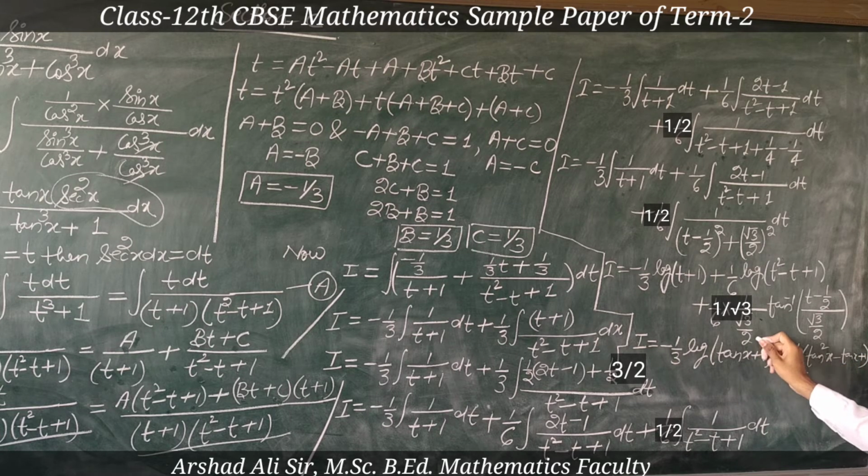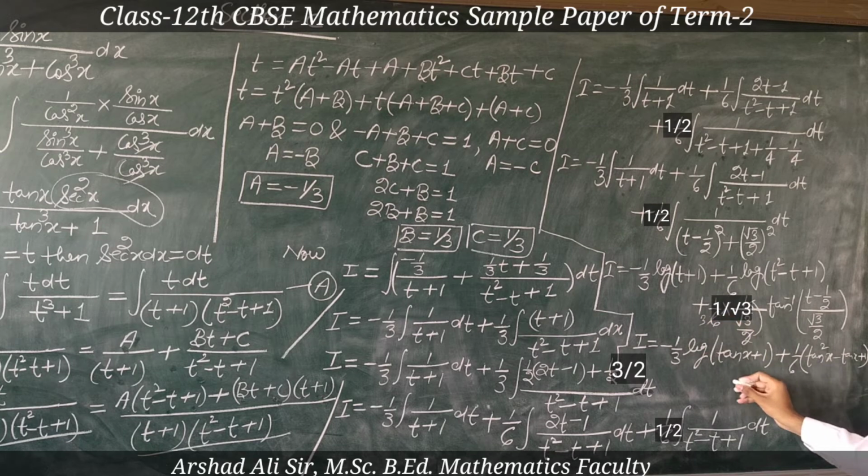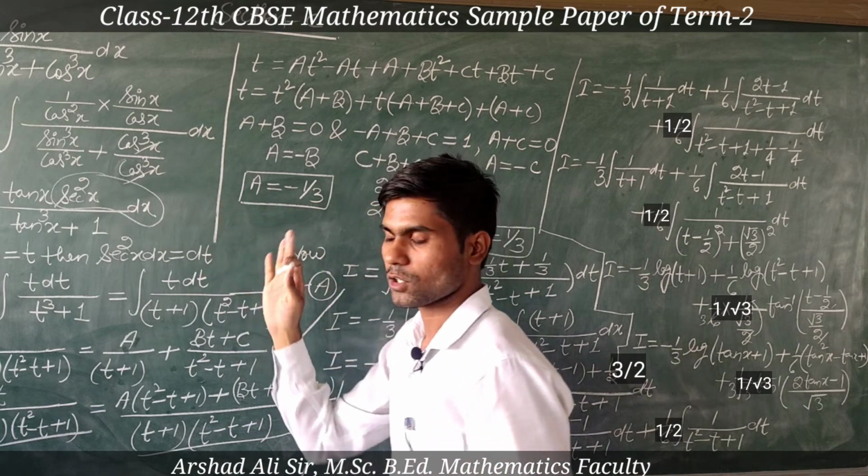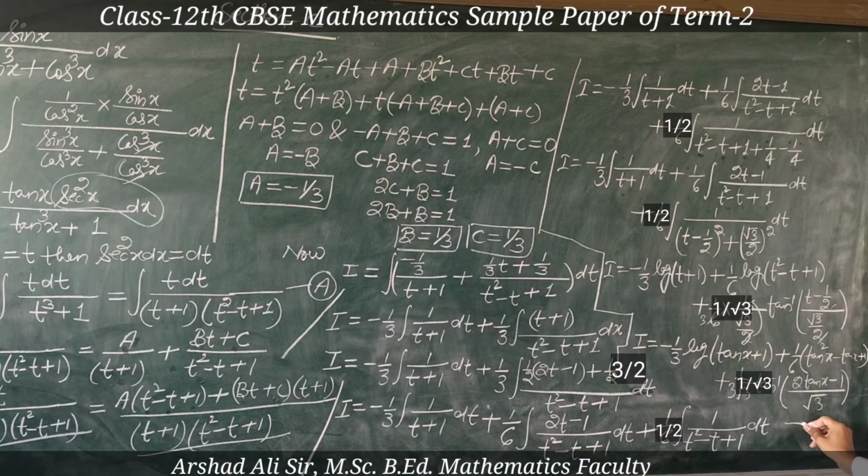Okay. And 2 will be in the numerator, 2 times 3 is 6, it will be (3 root 3 plus 1) upon 3 root 3 tan inverse. The 2 will be cancelled, 2t minus 1 means (2 tan x minus 1) upon root 3, and it is an indefinite integration because we don't have limits, so we can add any constant c.